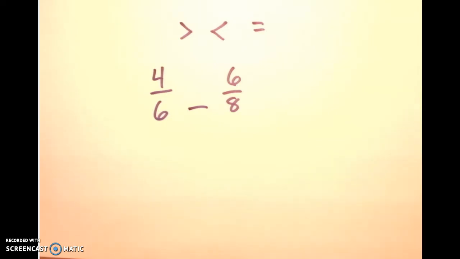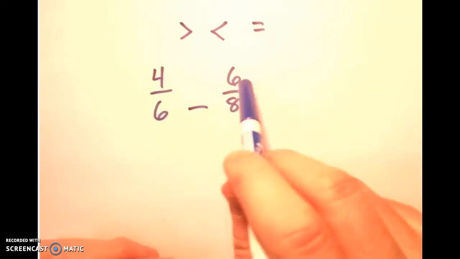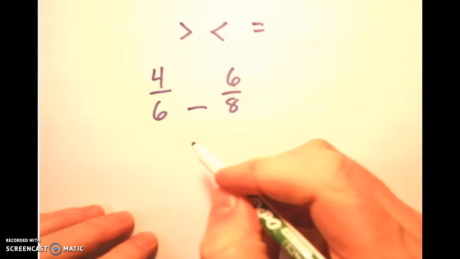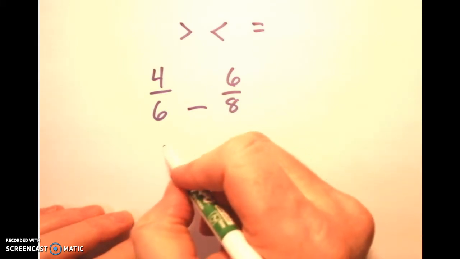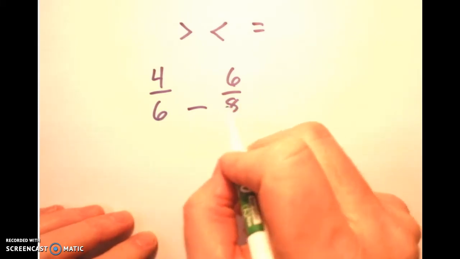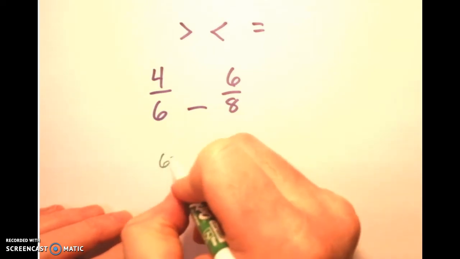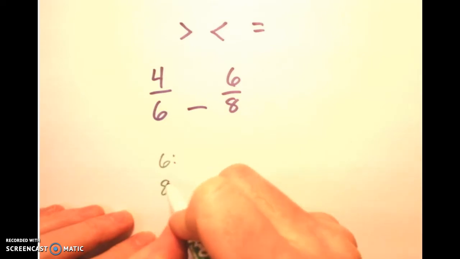I want to find a common numerator or a common denominator if I want to compare them mathematically. And in this case, I want to use a common denominator. I like using denominators. In order to do this, we need to find a multiple that 6 and 8 have in common. So let's take a look at the multiples of 6 and the multiples of 8.